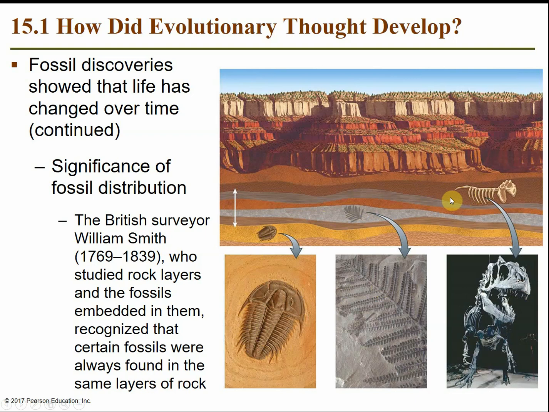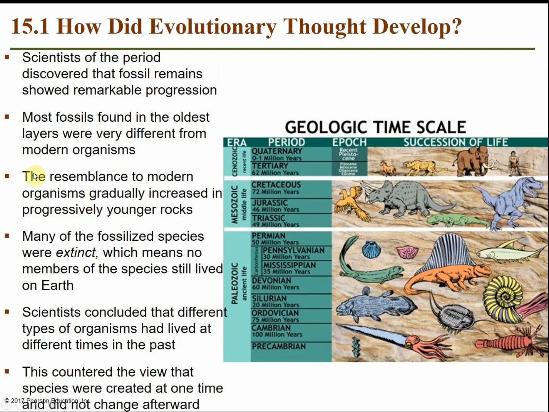So we can deduce that dinosaurs lived more recently than the trilobites did. So again, this just shows that these remains show this progression through time, through geological time as well as biological time. So again, most of the fossils found in the oldest layers are very different from these modern organisms.